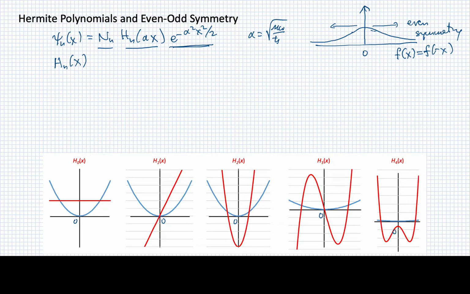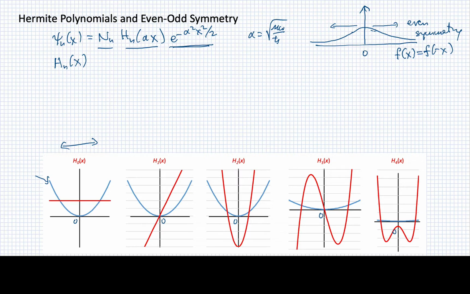We're really interested in their bilateral symmetry. In other words, are they symmetric with respect to this vertical line, or are they anti-symmetric with respect to it? In each of these cases, the harmonic oscillator potential is drawn in blue, so that it helps to calibrate the extent of the Hermite polynomials relative to the potential.